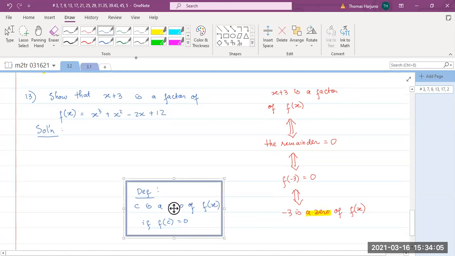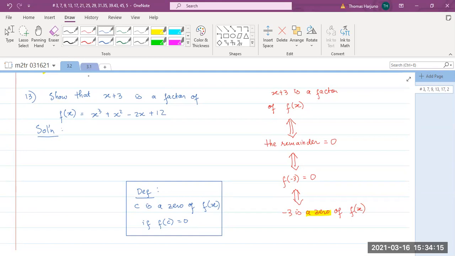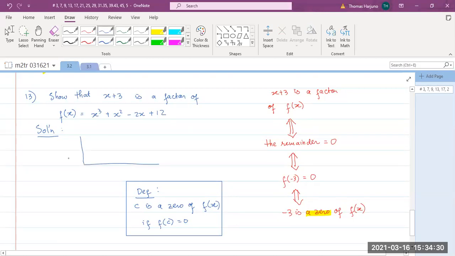Going back to this number 13, to show that x plus 3 is a factor of this polynomial, all I need to do is show that when I use synthetic division, dividing that polynomial by x plus 3, the remainder is 0.